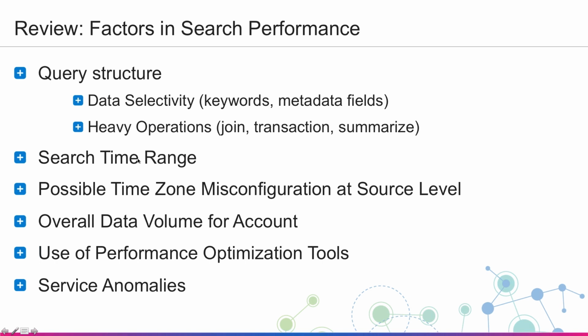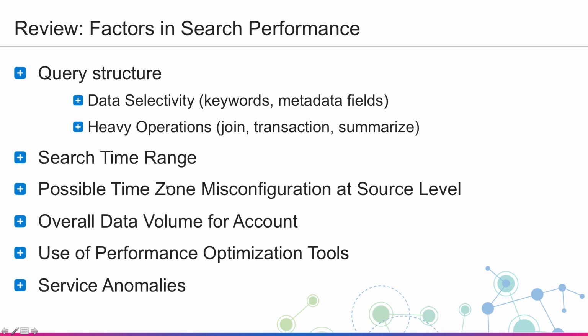Heavy operations like join, transaction, summarize will factor into search performance as well. Again, I'm not trying to stray you away from using that. I just want you to be cognizant that not all operations are designed the same way.